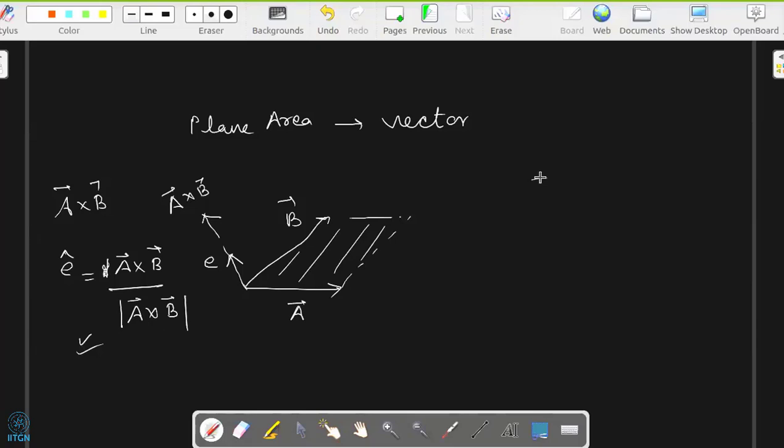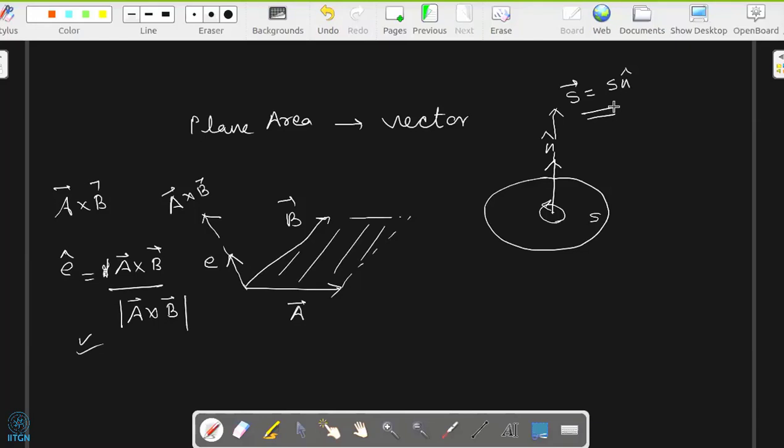Or in general, if there is any plane, let's say the plane is S, and we use the right hand thumb rule, making a contour with a travel sense, then the normal to this gives you the normal direction, and the plane vector can be written as S n. We use this when determining stress or the traction force at any given surface, and in many cases in electromagnetic force we also use the plane area concept.